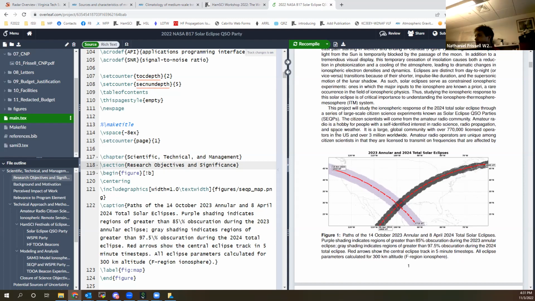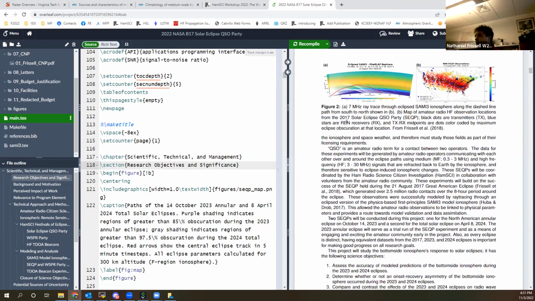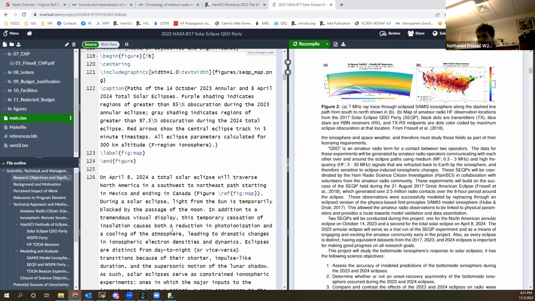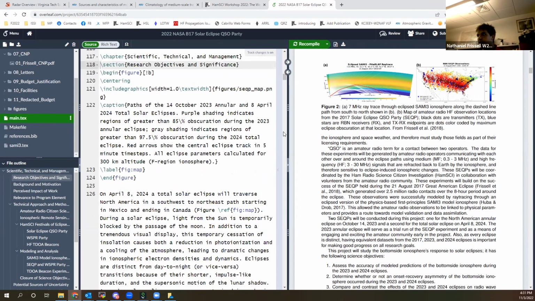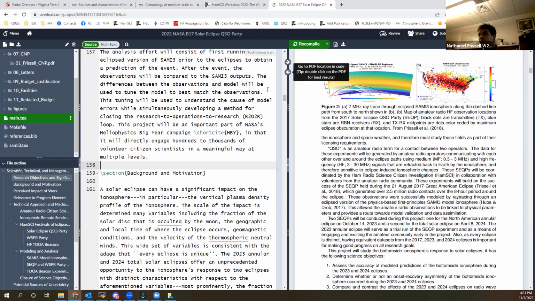Let's see. Amateur radio is a hobby, so what if I move this sentence immediately after I introduce solar eclipse QSO parties? It's not bad. That's a good idea.